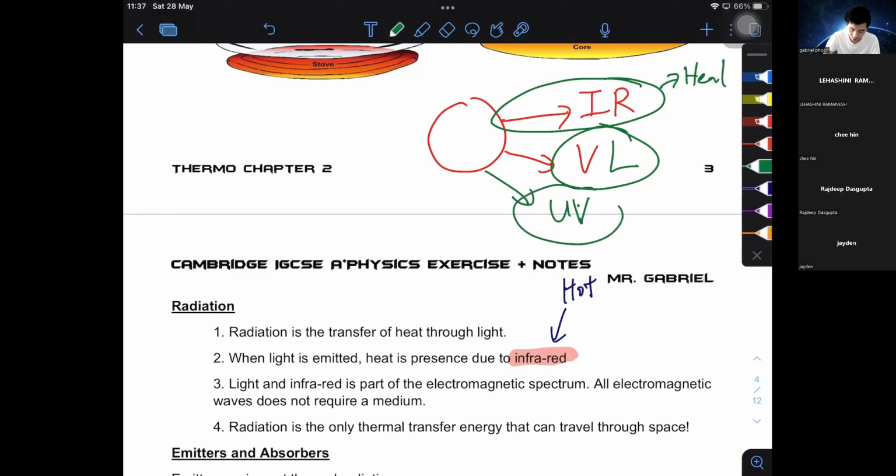And the reason why so many people, especially the Westerners, right, they get skin cancer is because of the overexposure of UV ray radiation. UV is the one that is causing cancer to the skin cells, guys. Infrared hot, visible light, the one that you can see, right? And UV is essentially the thing that gives you cancer, right?